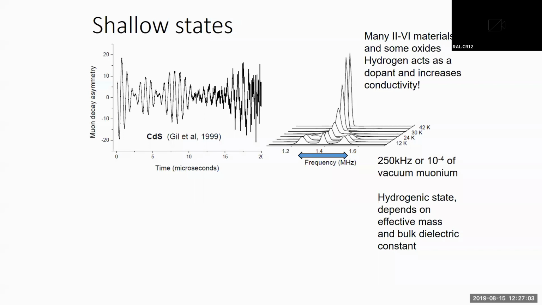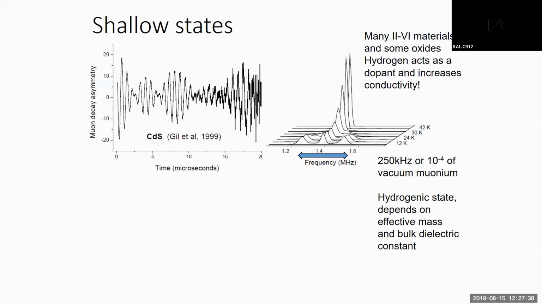If you do the Fourier transform, you see peaks here, corresponding to the electron spin up and electron spin down. As you increase the temperature, these collapse back into the diamagnetic state, because this is a very shallow binding energy, a few millielectron volts, and as you increase the temperature, the electron is released freely into the conduction band, just as a normal n-type donor would do.